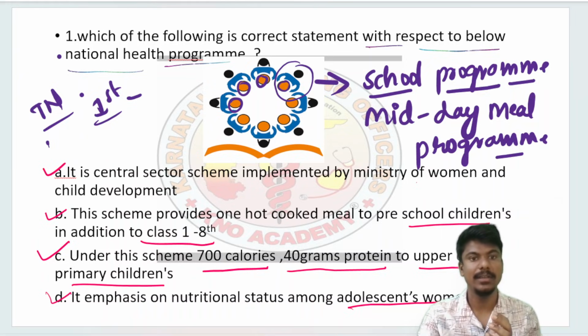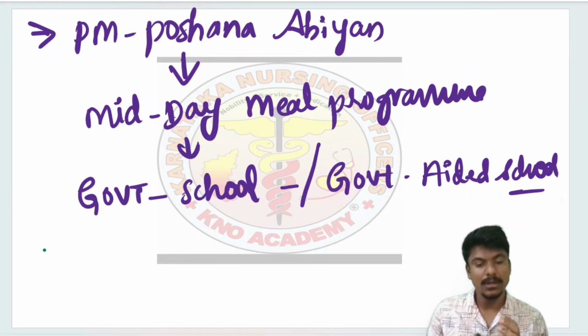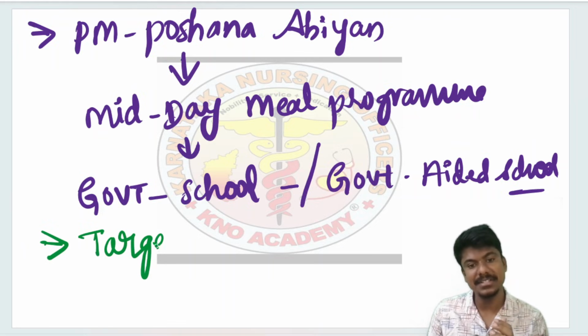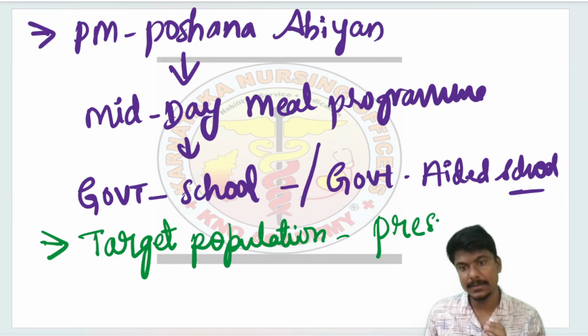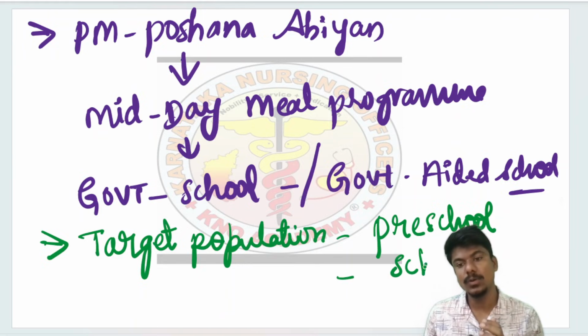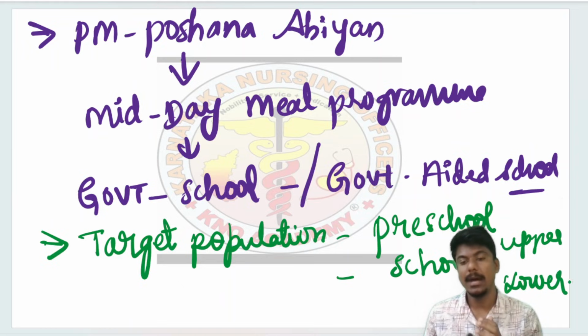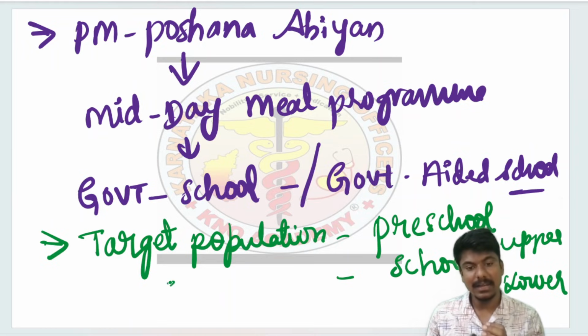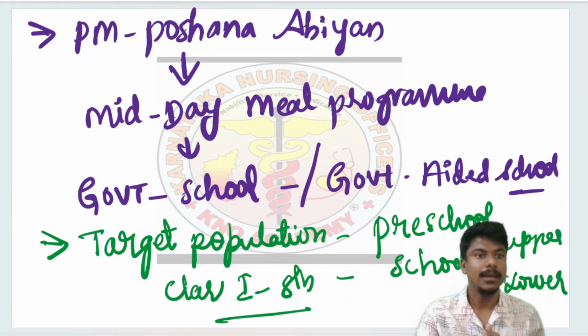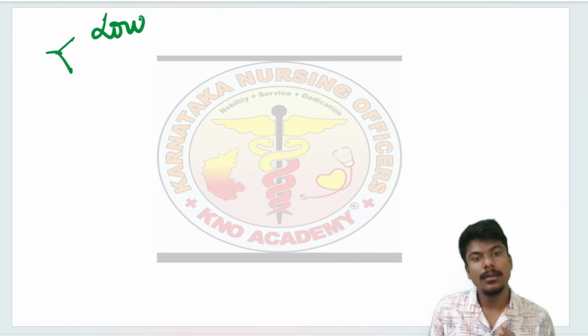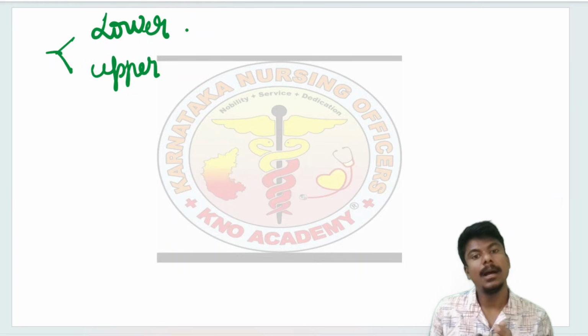First and foremost, I will go with the answer. Under the midday meal program, the target population is preschool and school going children, including lower primary and upper primary, starting from the first to 8th standard.